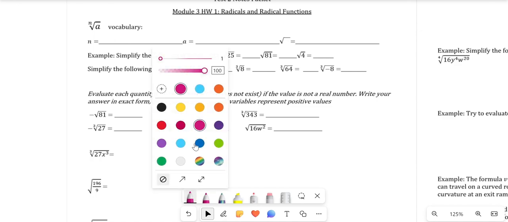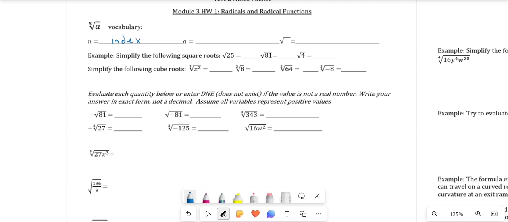So some of this we did go over in the talk I just gave. This is the index, right? This is the argument, also called the radicand, and this is the radical symbol.